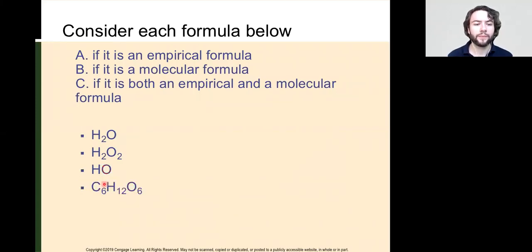Okay. And then here we have glucose. So it's C6H12O6. Is this going to be an empirical formula, a molecular formula, or both?